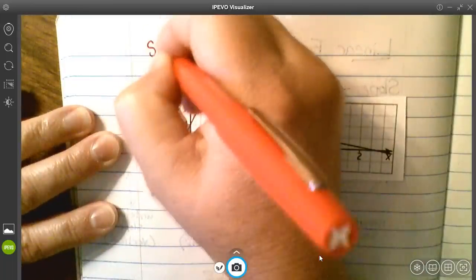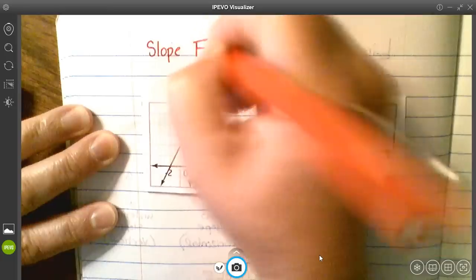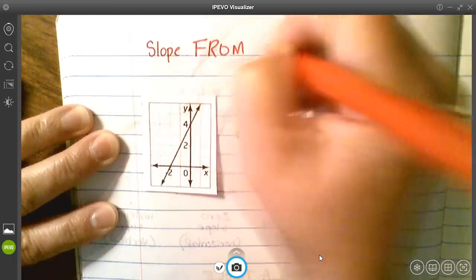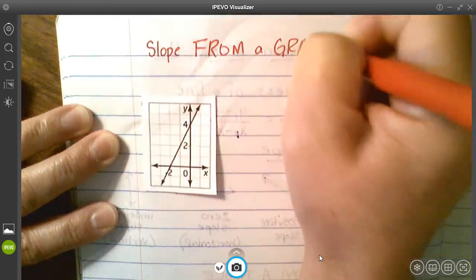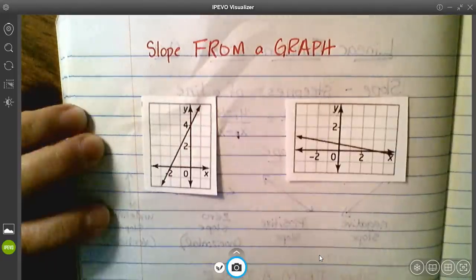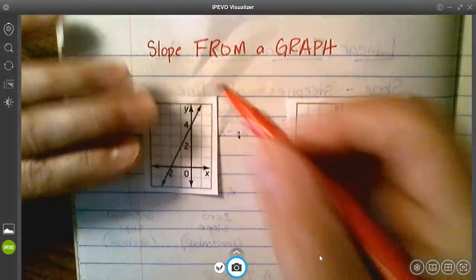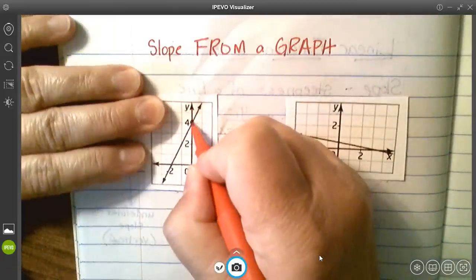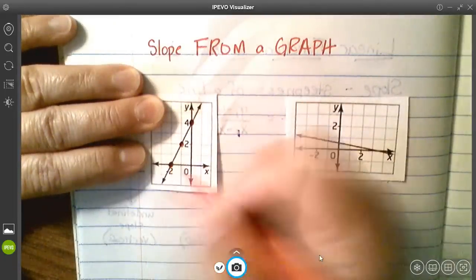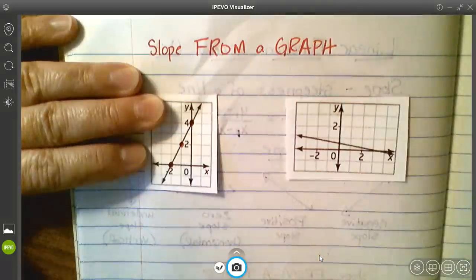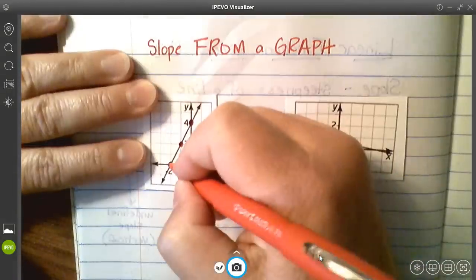The next part is finding slope from a graph. So to do that, we need to pick 2 points, 2 integer points on the grid on our graph to count or find slope. You can pick any 2 points, it does not matter.